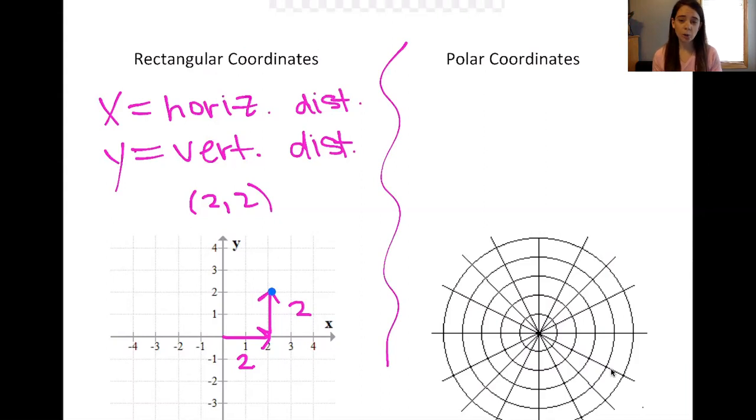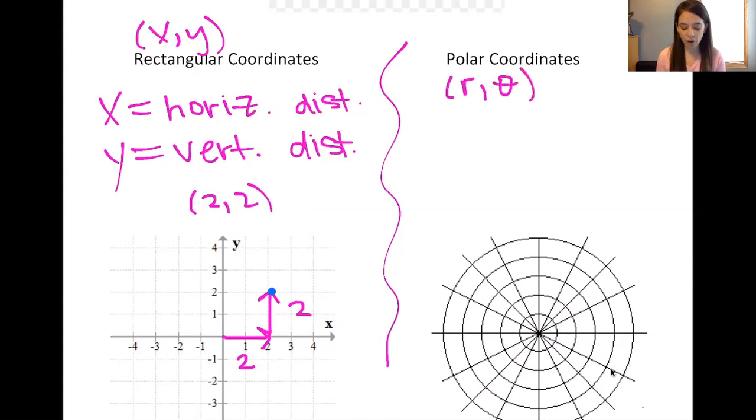Okay, so polar coordinates, like I mentioned earlier, are called polar coordinates because the origin is now what we call the pole. And instead of having our XY coordinate like we do in rectangular, we have a coordinate r comma theta.